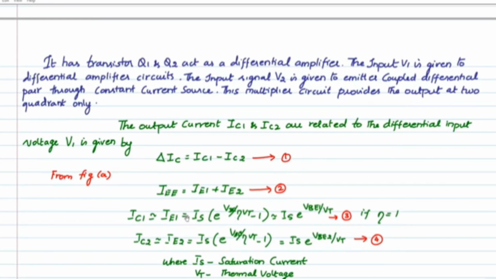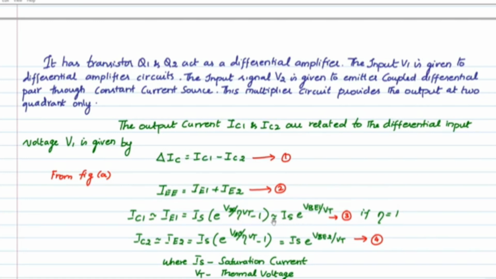As I have told you, it consists of transistors Q1 and Q2 which act as a differential amplifier. The input V1 is given to the differential amplifier circuit and the input signal V2 is given to the emitter coupled differential pair through a constant current source. Thus the multiplier circuit provides the output in two quadrants only.